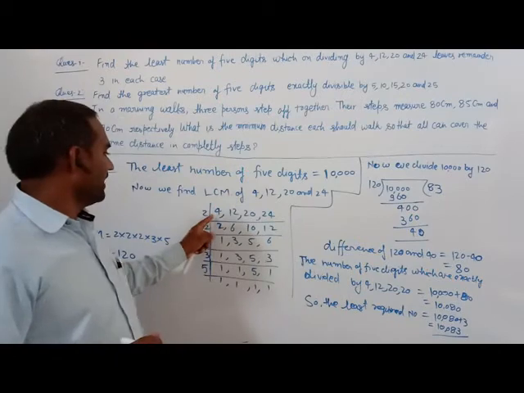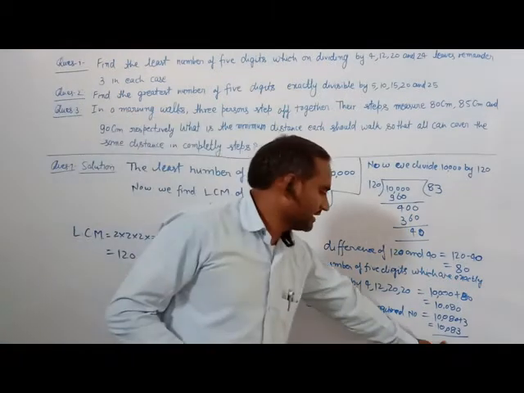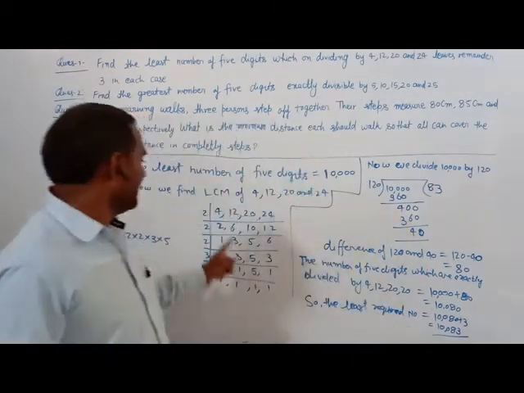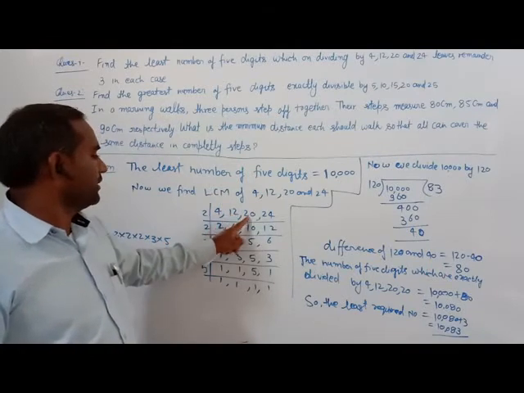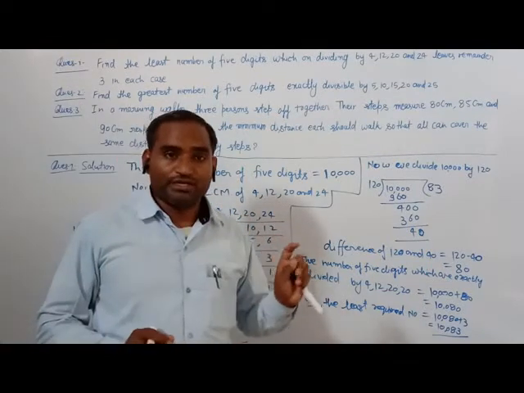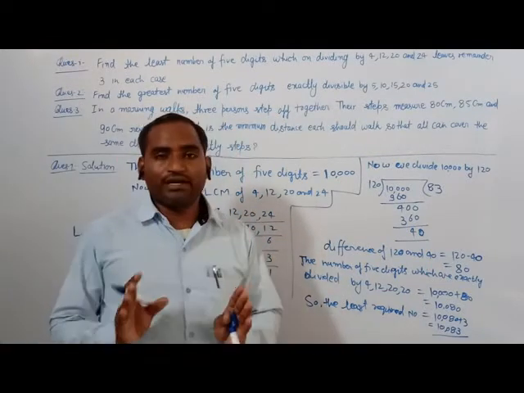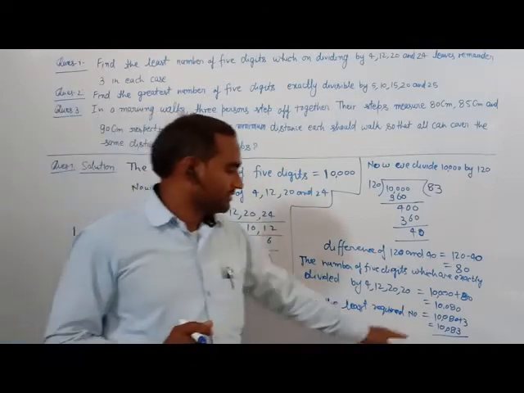When we divide 10,083 by 4, 12, 20 and 24, in each case we find the remainder 3.